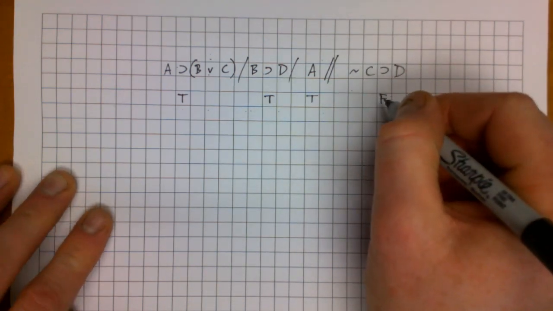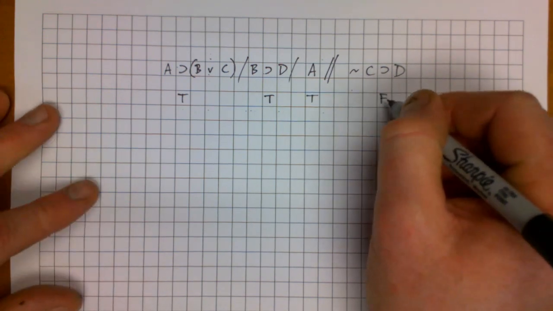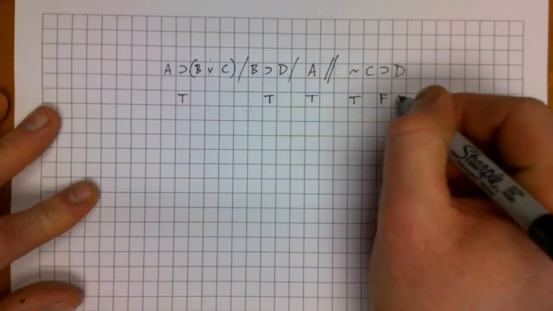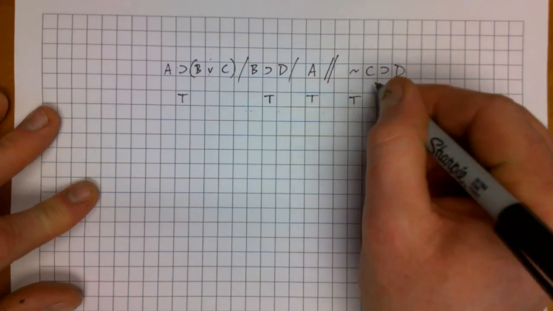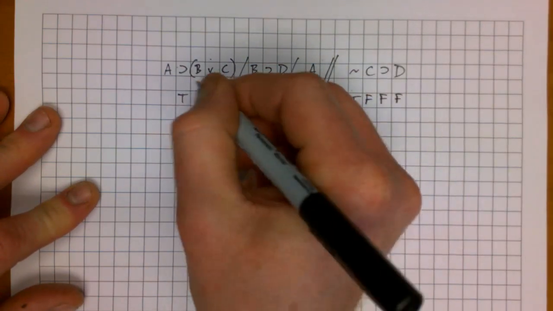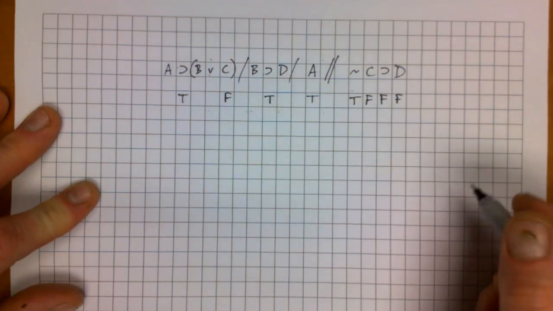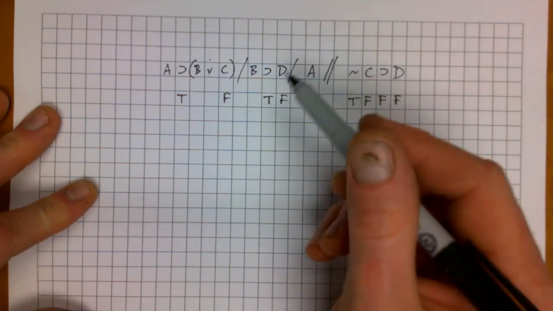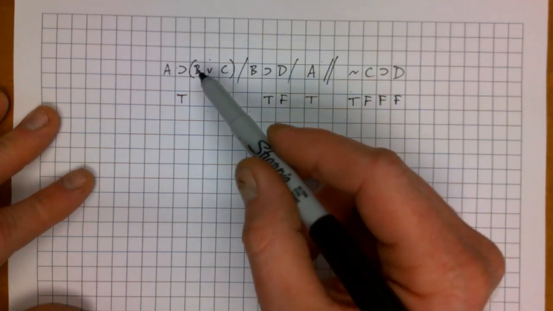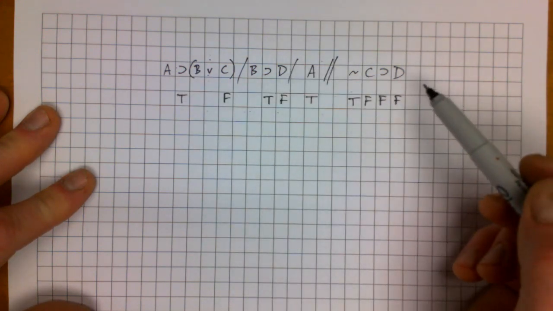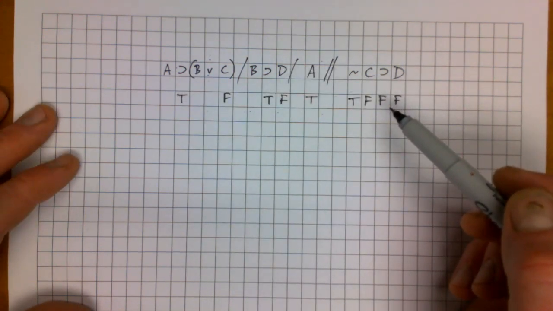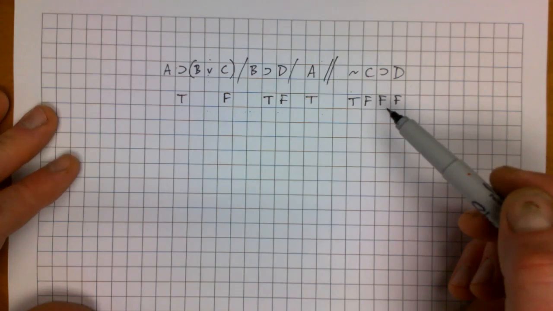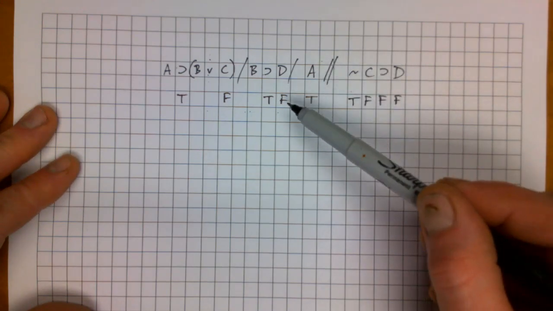Okay, so once again, I know that since this is false, it would have to be true and false. If not C is true, then C is false, so I carry that over. I carry the falsehood of D over. Now, what else can I know?